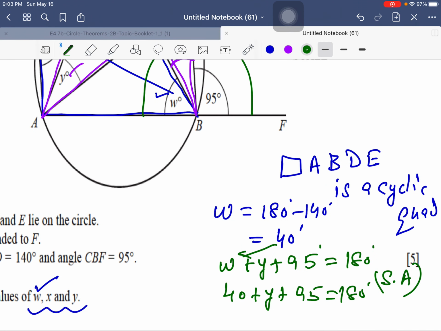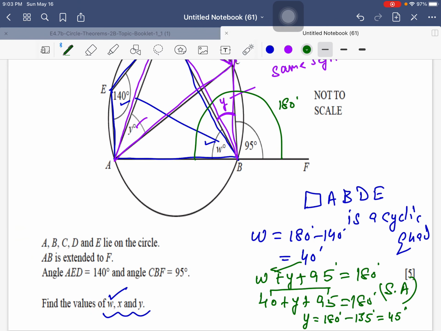That means Y is equal to 180 minus 135, which is 45 degrees. So we got the value of Y. Y is 45 degrees. W was 40 degrees.